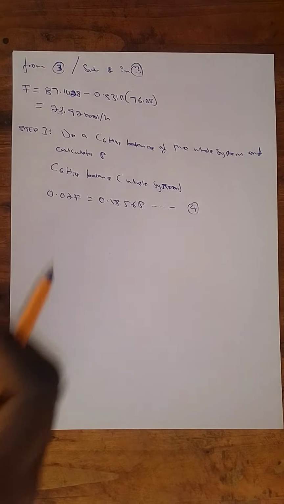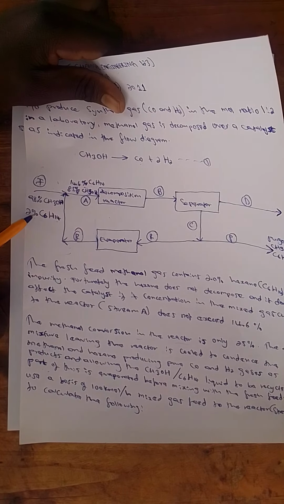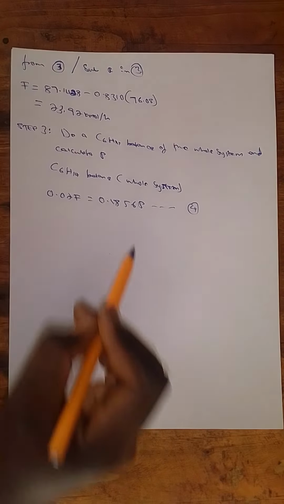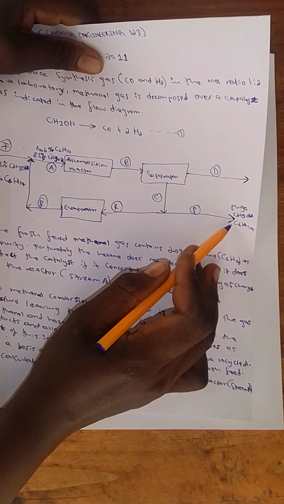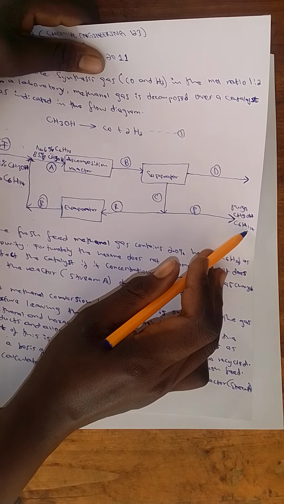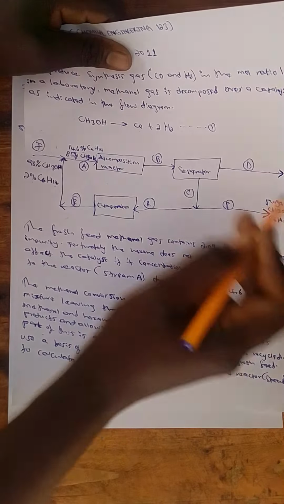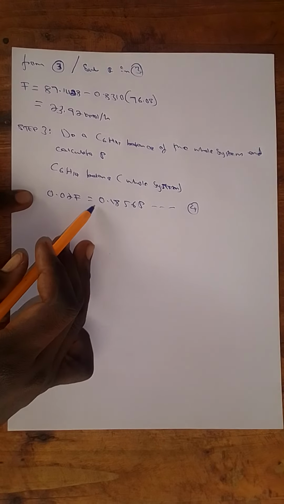This is because already we know that C6H14 is a tie compound, right? There's 2% of C6H14 here, and also from our first part we calculated that there's actually 18.56% of C6H14 in P. So we can simply say all the C6H14 here is equals to all the C6H14 there, and that's basically what this equation is saying.